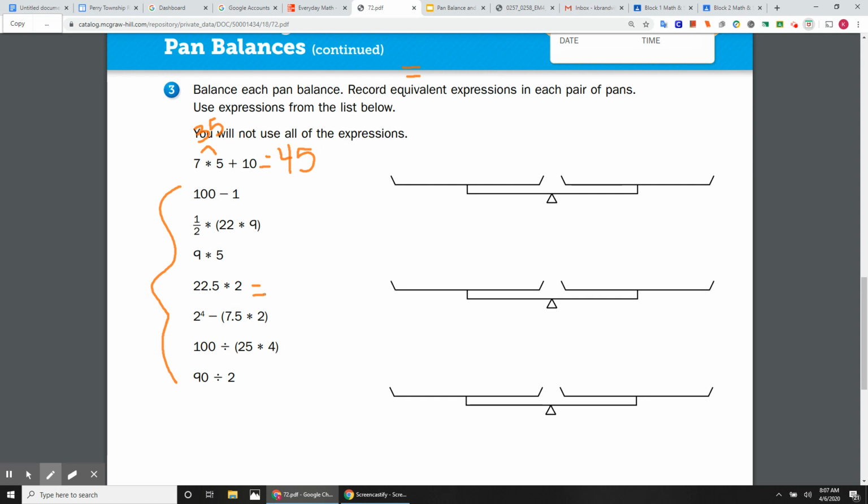Because I know 22 times 2 would be 44, so 22.5 would be 45. So I'm going to write both of these expressions on my pan balance, here and here, one on the left and one on the right. So 7 times 5 plus 10 is equal to 22.5 times 2.